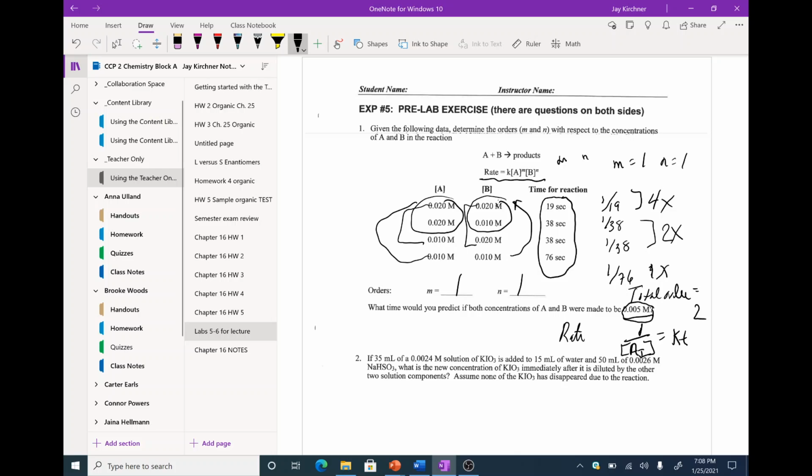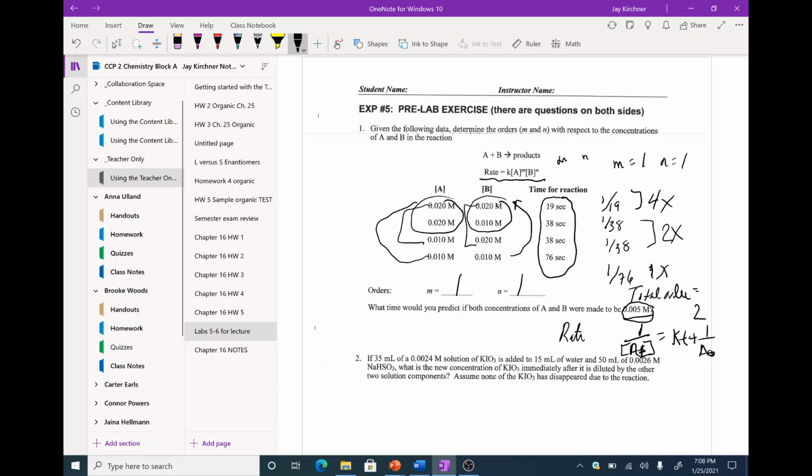Oops, my bad. This is actually the concentration at a later time, so this is A sub T. So it's 1 over A sub T equals kt plus 1 over A sub 0. A sub 0, by the way, is the initial. So you can plug all this stuff in.